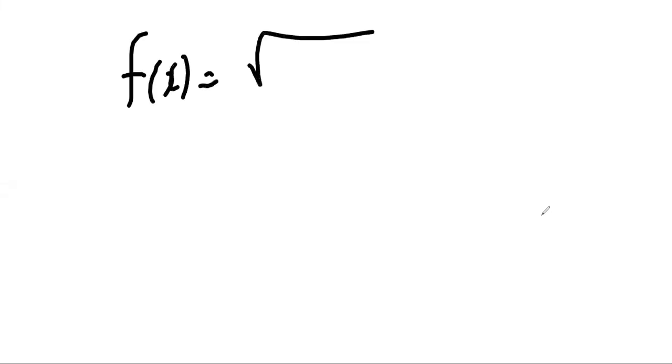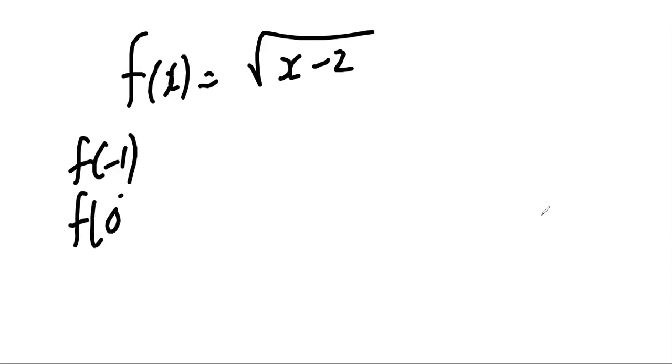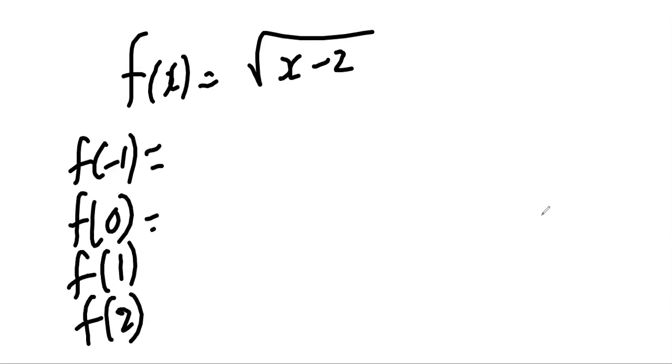Talking about more questions of the functions. If a function is given to you as under root x minus 2, and the values asked from you are minus 1, 0, 1 and 2. First of all, if we put minus 1 in place of x, then x minus 2 will be minus 3, so iota will come as the answer. So the function does not exist.